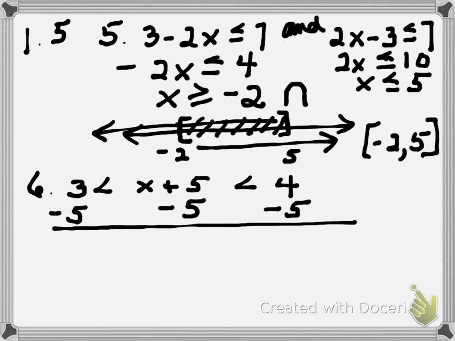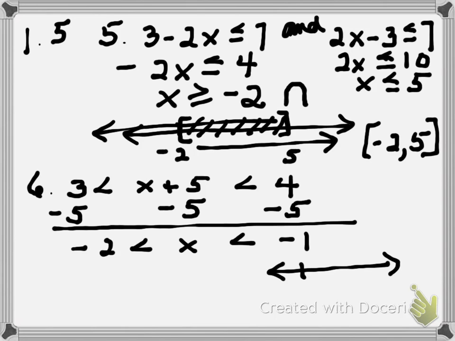and keep x in the middle. So we have -2 is less than x is less than -1. So x lies between -2 and -1. They're parentheses, not brackets, and it's between those two.